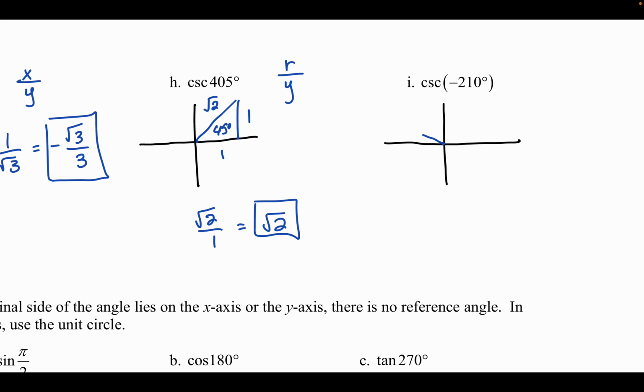Pen is not wanting to cooperate today. 30. There we go. So this will be 1, negative square root of 3, and 2. So cosecant, again, is going to be r over y. So it's going to be 2 over 1, or just 2. Okay.